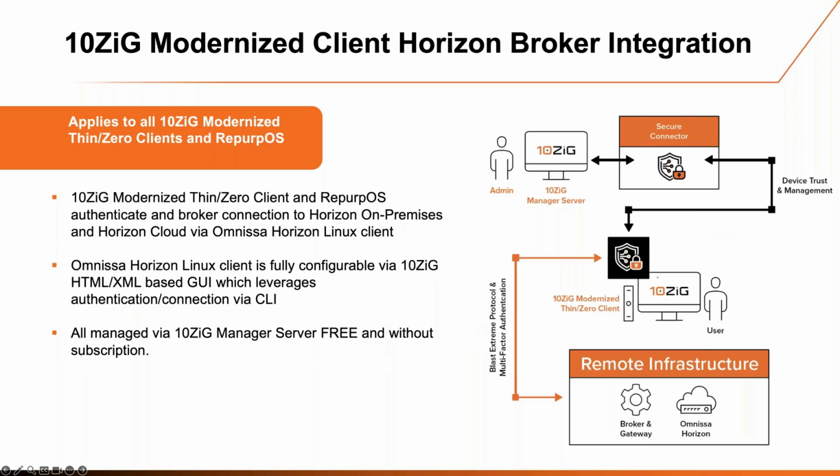So yeah, great content. Based on hearing all of the benefits that Christina touched on, it's time to start to see it in action on a Tenzing client. This first slide allows us to see the components together, including the Tenzing Modernized Thin or Zero client.